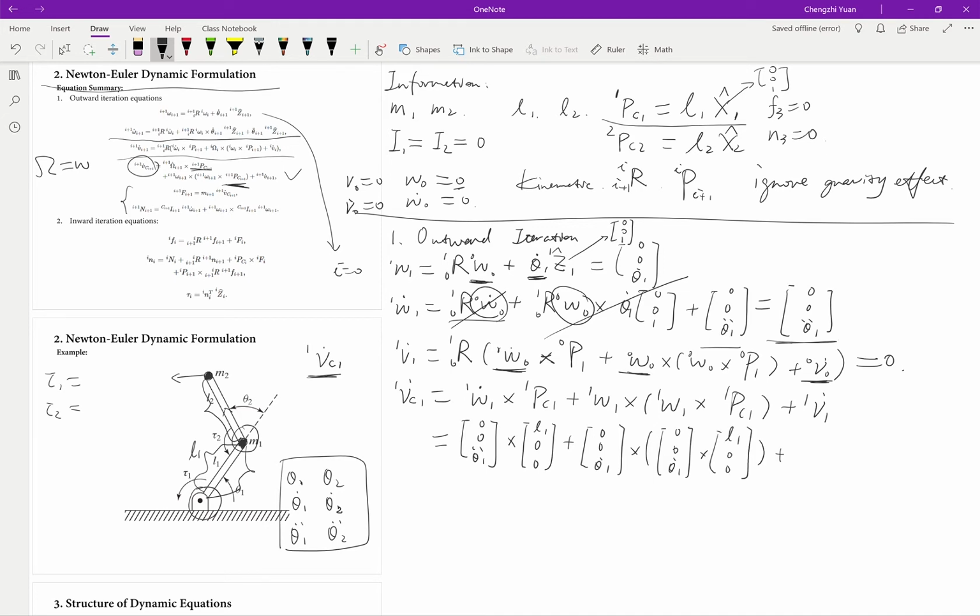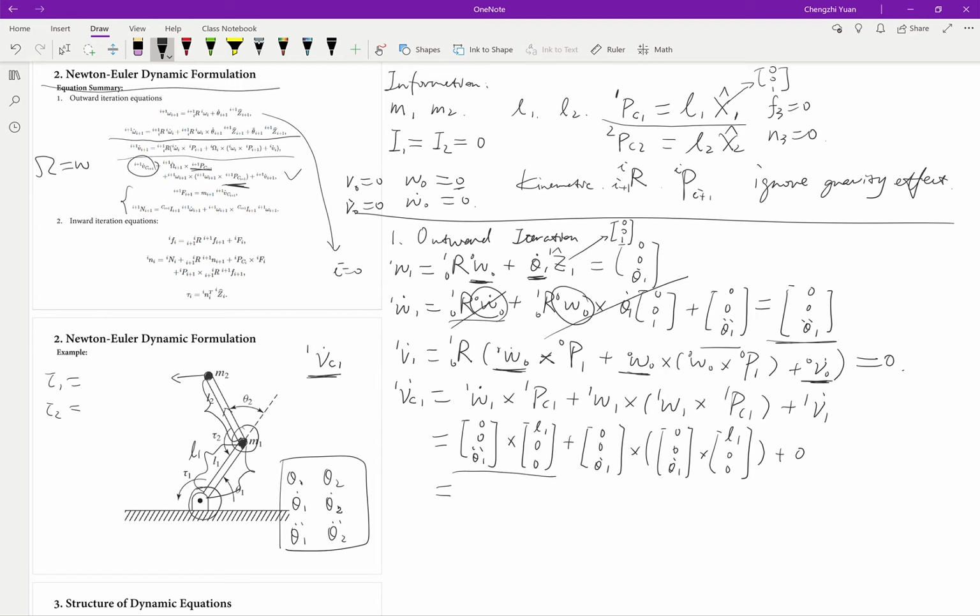And then plus v11 dot will equal 0 from here. Good. Now the next step is we are going to do the cross products.